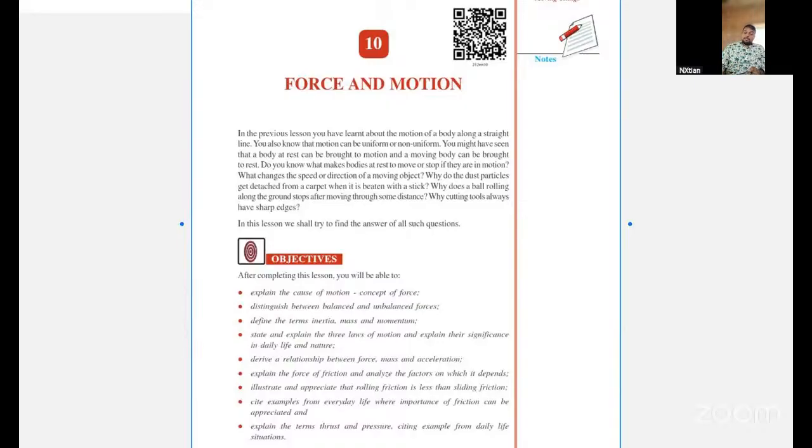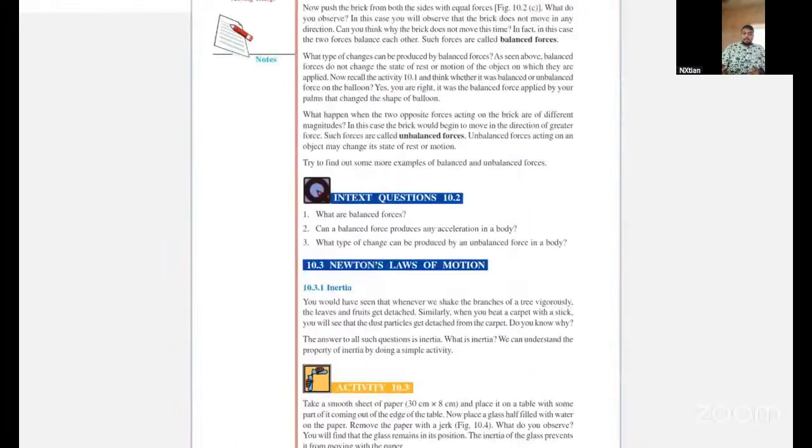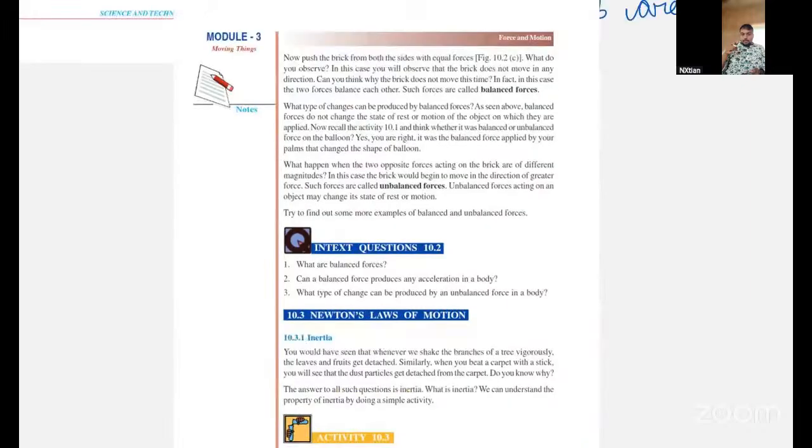Can we take the example of a syringe, when we are taking or putting in? Is that force? Yeah, we are putting a force on the needle, and because of that, the solution is going inside the body.